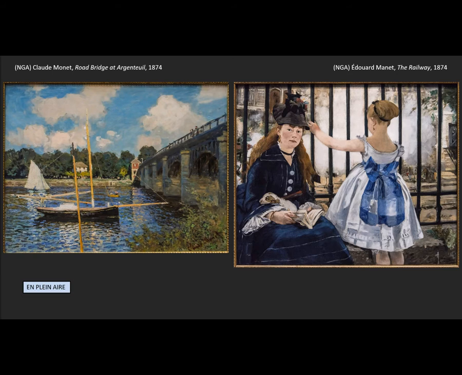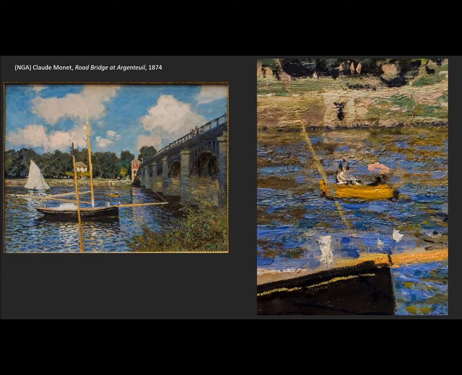The second thing that they share is an extremely sketchy and loose application of paint. Nice close-up of the little rowboat with a couple in it behind our central boat in Monet's picture, where we can see the degree to which the paint is laid down without attempt to blend it. There are sections that are green, there are sections that are pink, there are sections that are blue and brown and yellow.